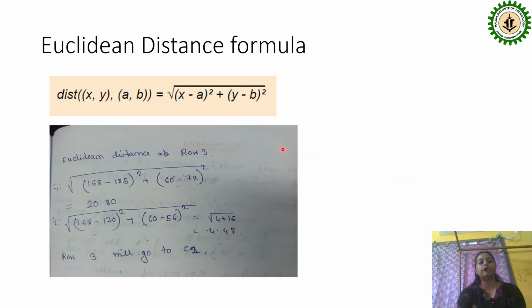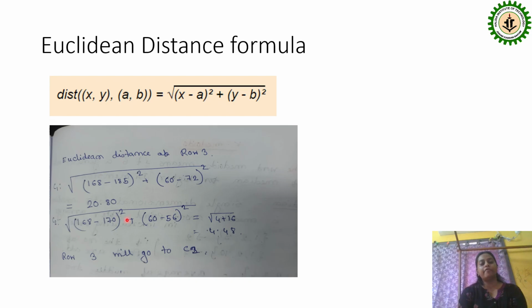Now, how do we calculate? This is the distance formula: square root of (x minus a) squared plus (y minus b) squared. The first centroid is 185, 72, and the first data point is 161, 60, so the distance is the square root of (161 minus 185) squared plus (60 minus 72) squared. Now, this is for row 3.